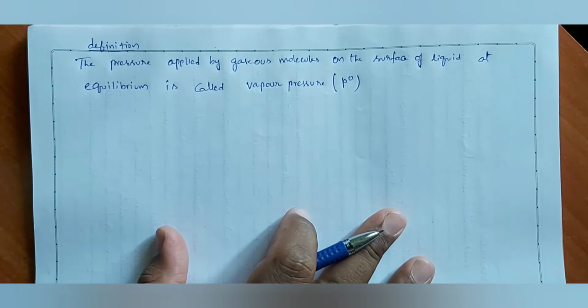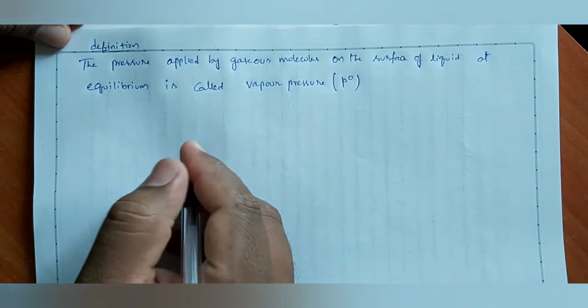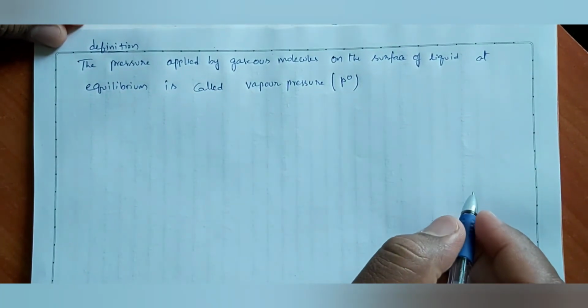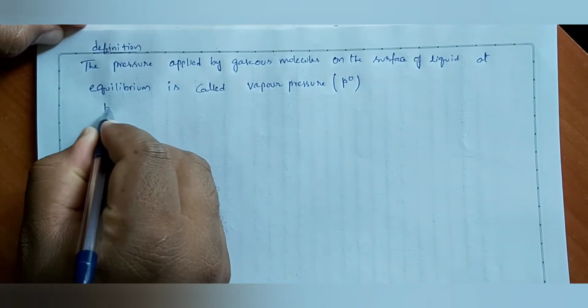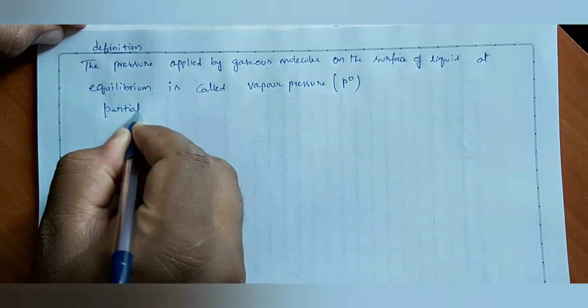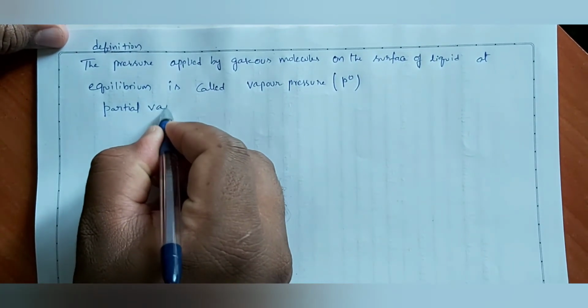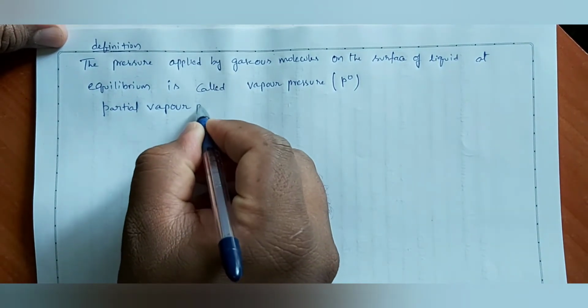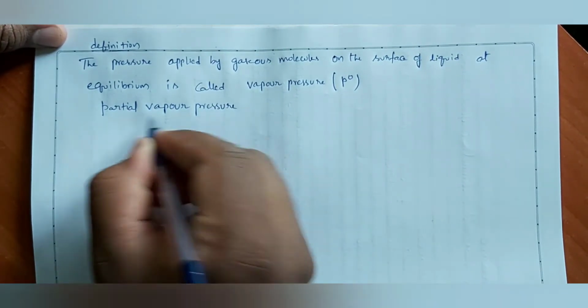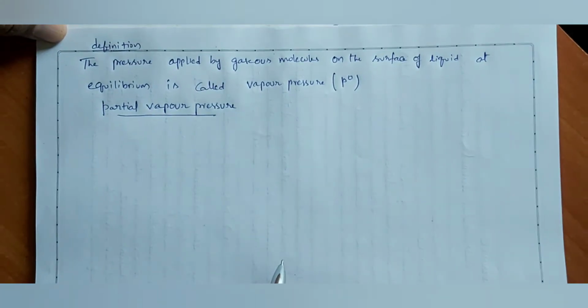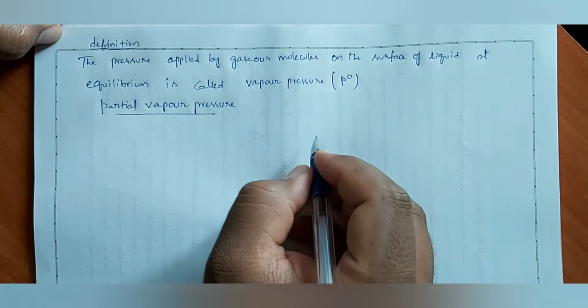Now we will continue with the next one. What about partial vapor pressure? Our next side heading is partial vapor pressure.